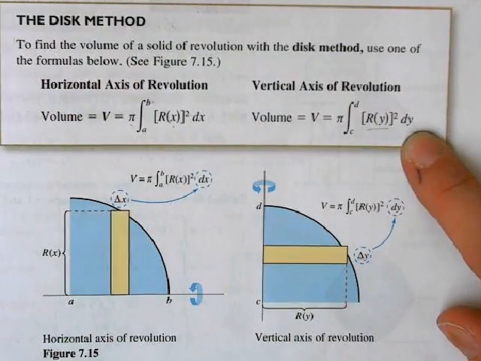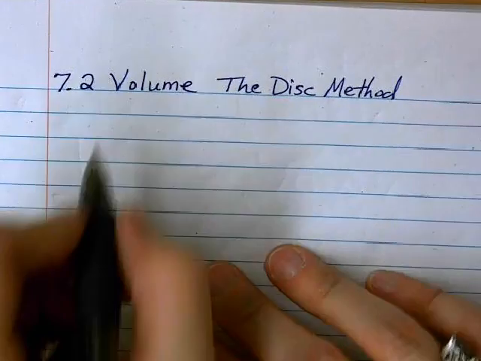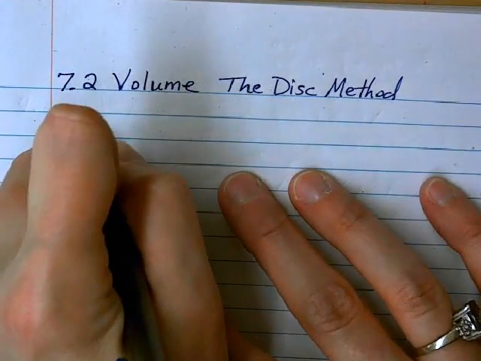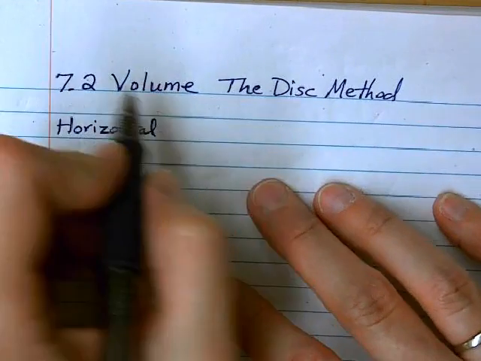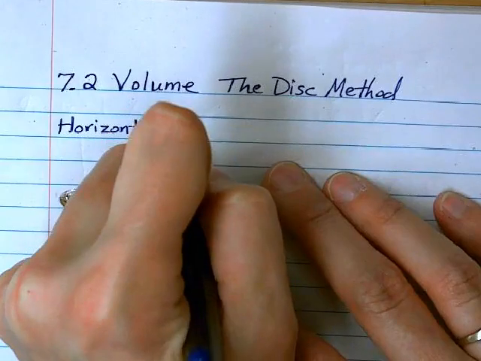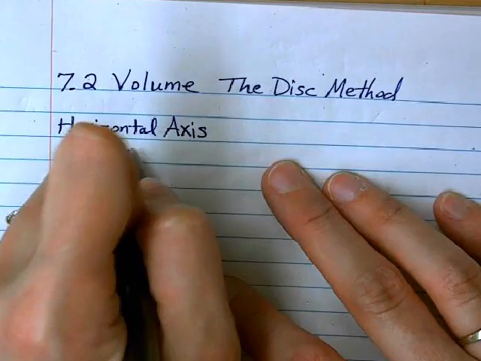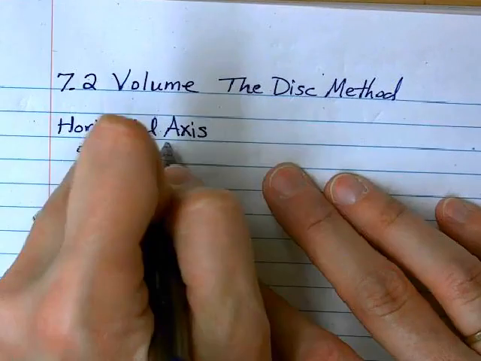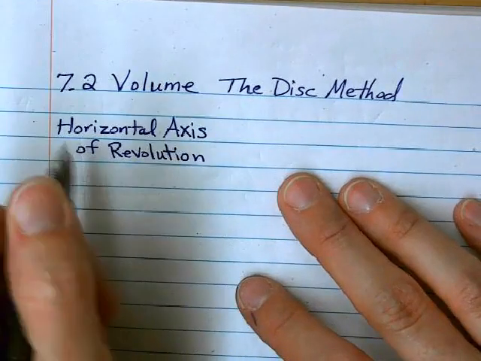And let's just try a problem so you can see how this works. Alright, so this volume disk method, like I showed you in the book, if you're working on a horizontal axis of revolution, like if you're revolving around a horizontal line, then you use this formula.